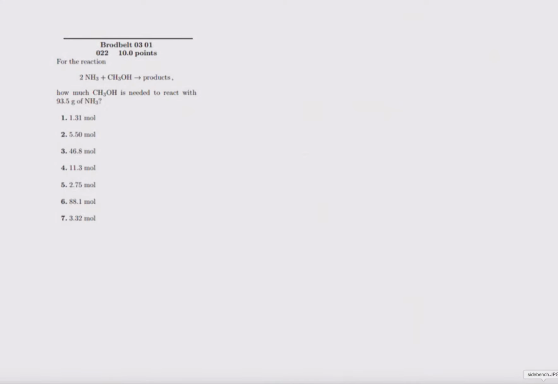How much CH3OH would we need to react with 93.5 grams of NH3? Well, we need to figure out how many moles of NH3 that is. So NH3, which is a nitrogen and 3 hydrogens, has a mass of 17. 14 nitrogen, 3 hydrogens would be 3.